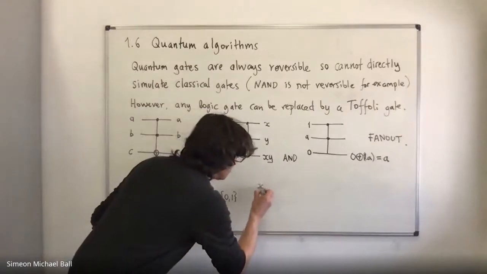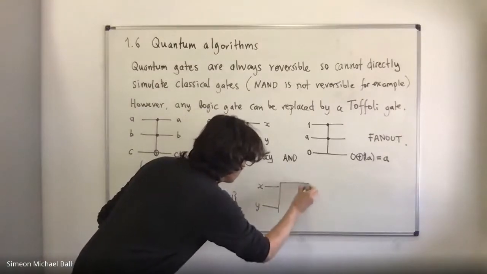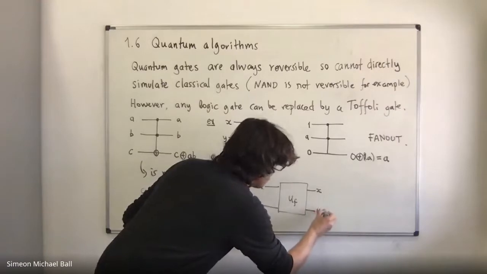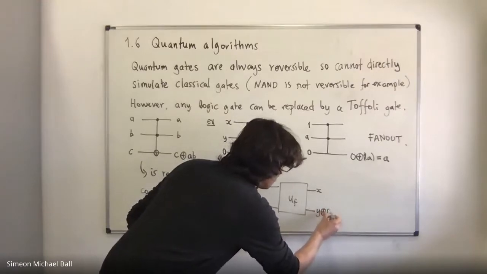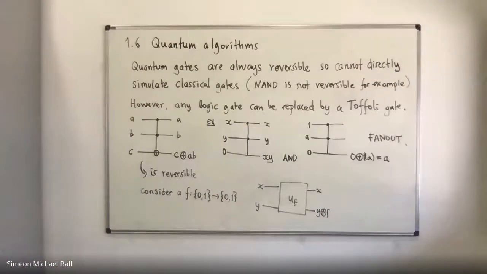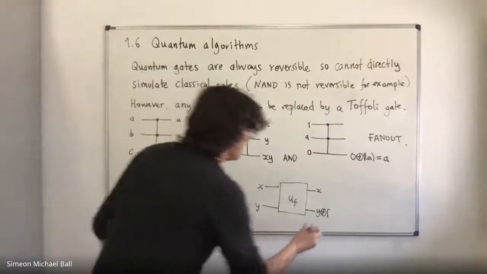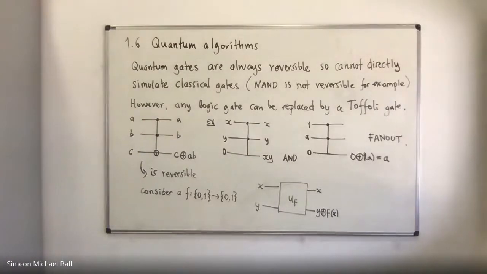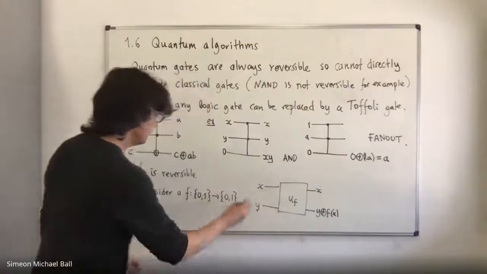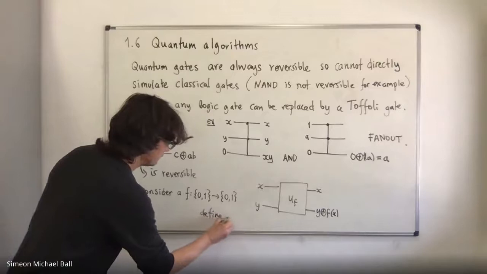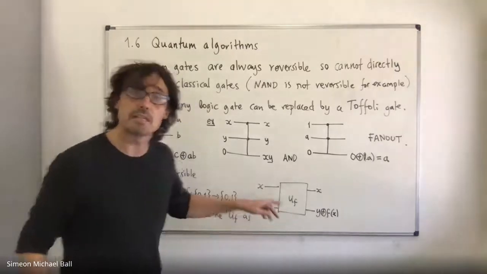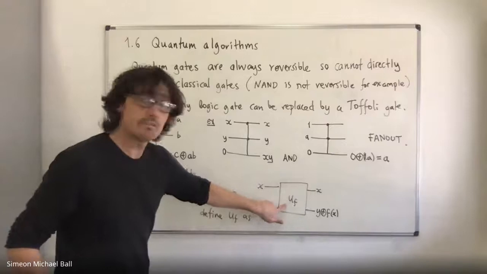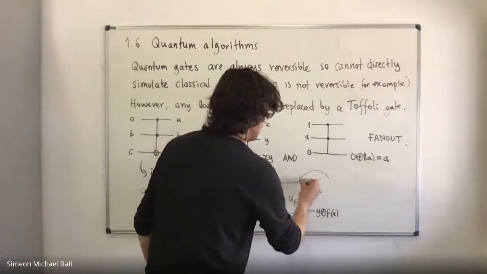We will use this notation to make this into a quantum circuit. And this is the definition of U_f. As we've just seen, if we have a classical circuit for computing this function, then we can stick it here on our quantum circuit.